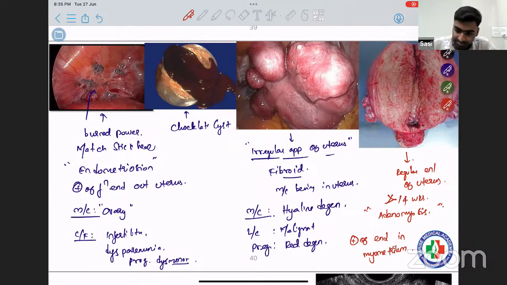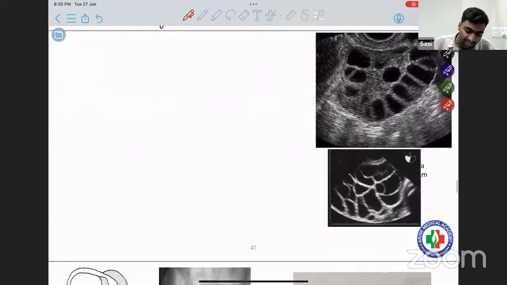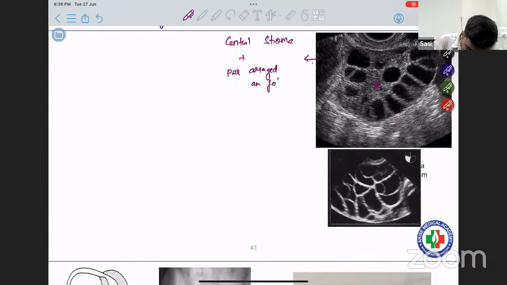Fine. We're getting it. Next one. If you see this one, what will you think of? You can see this central stroma, along with peripherally arranged anovulatory follicles.